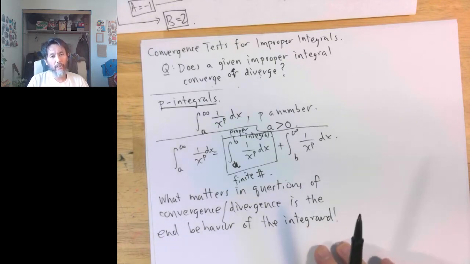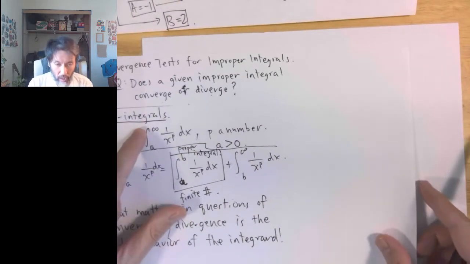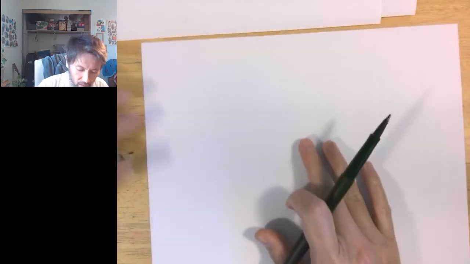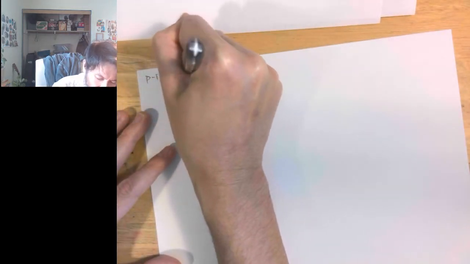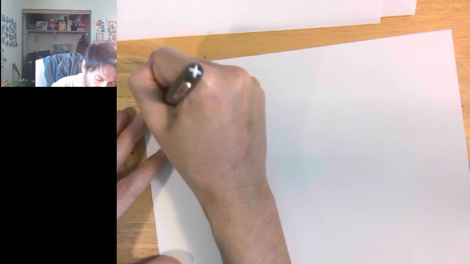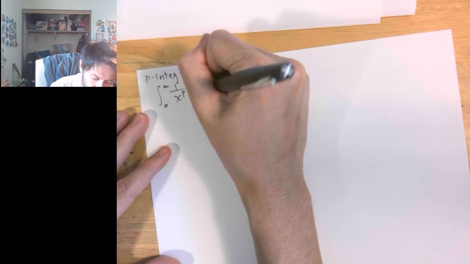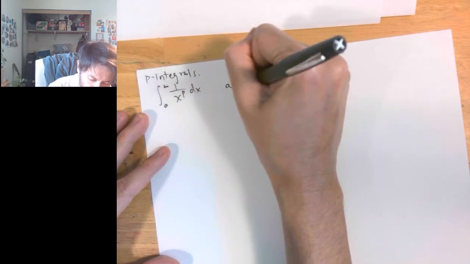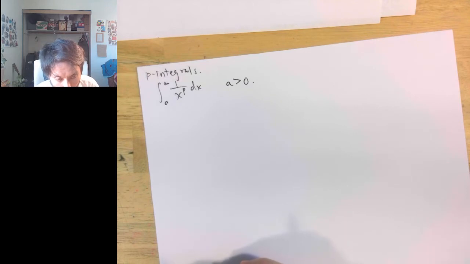Okay, so let's answer the question of what's going on with p-integrals. I'm going to rewrite this. P-integrals: we have the integral from a to infinity of 1 over x to the p dx, where a is greater than 0. Here is the fact.